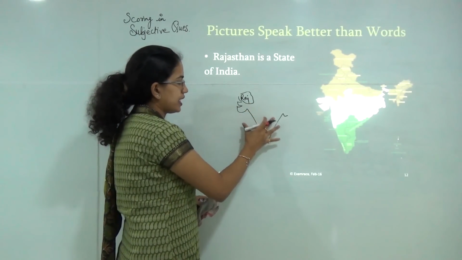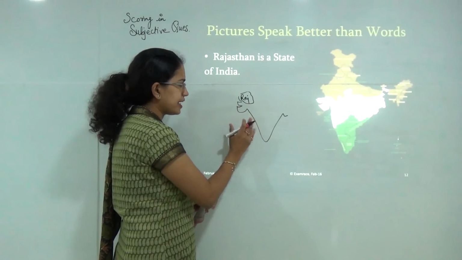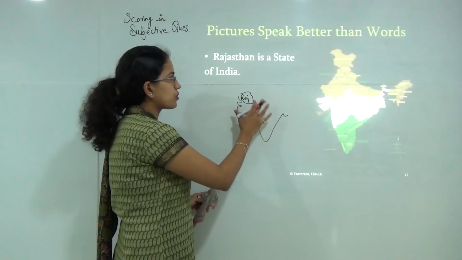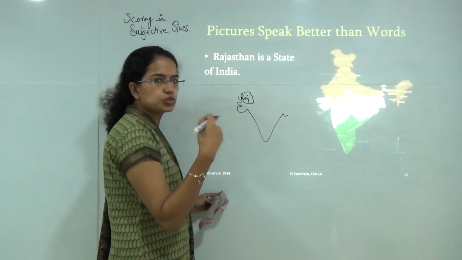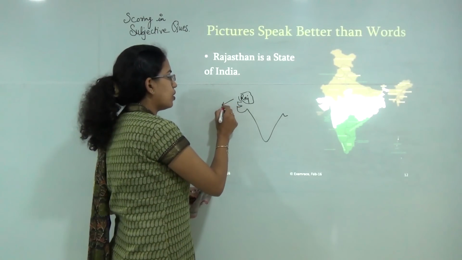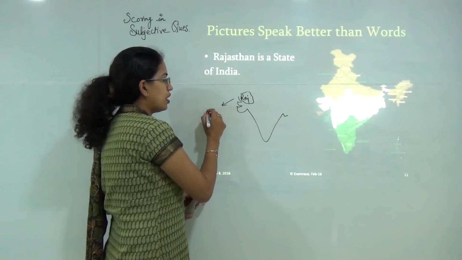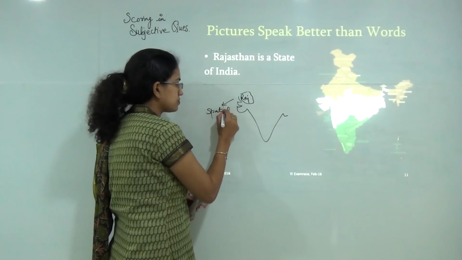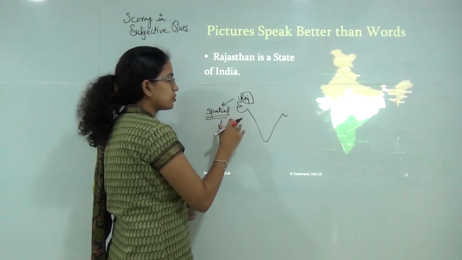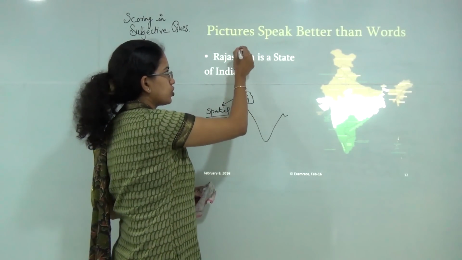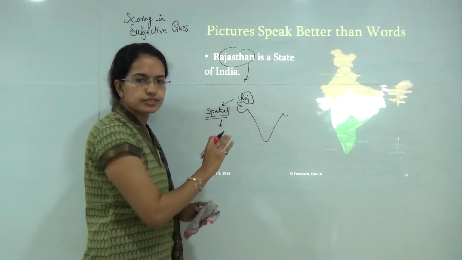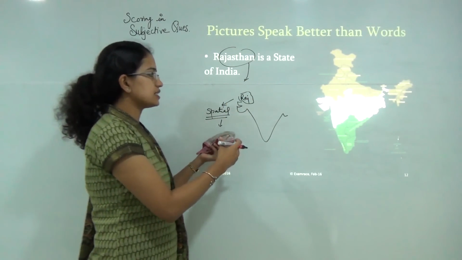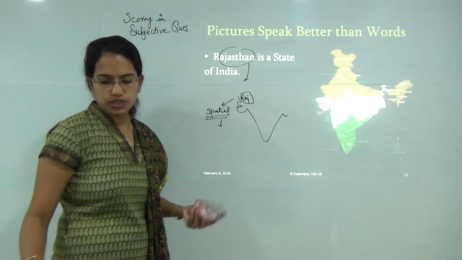This would give the examiner the idea that you know not only about the concept or the issues related to Rajasthan, but you also have an idea of its spatial or locational aspects, and you are interested not only in the theory but also in the practical aspects of that area. So picturization usually gives a good impression to the examiner.